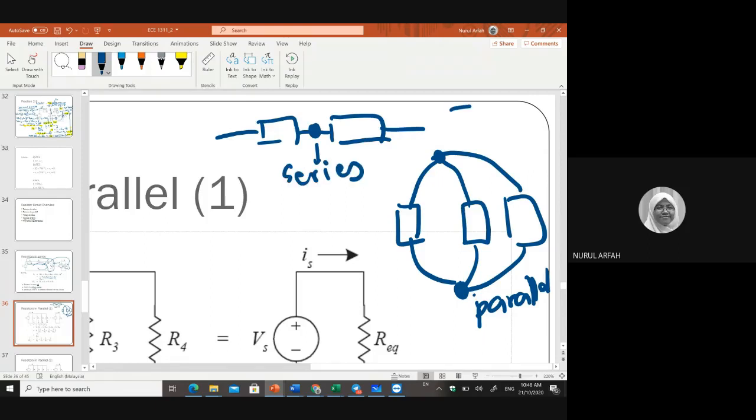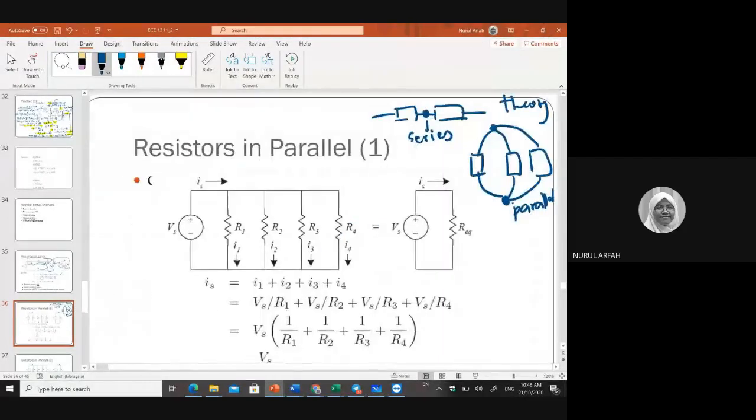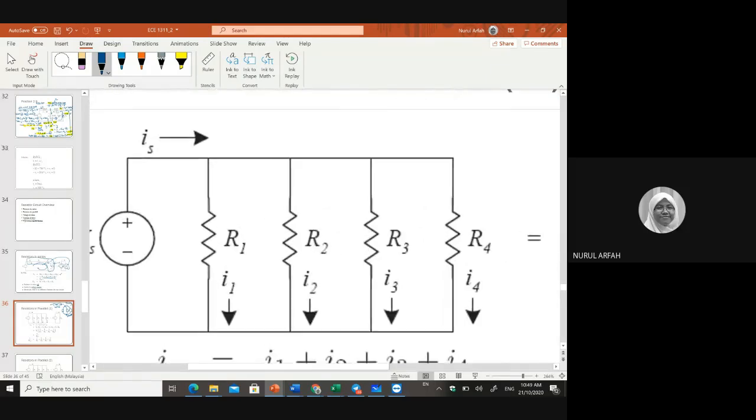Why do I teach this? I think it looks okay, but maybe in future you're going to have something almost similar, but you will be confused. So let's say I have some resistor here in between R1 and R2.